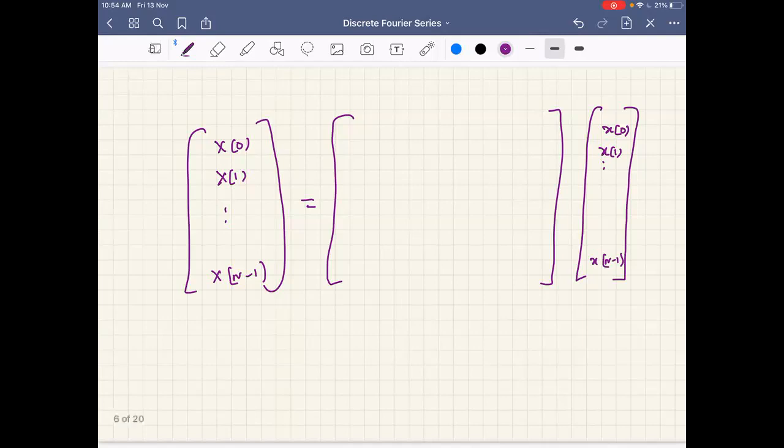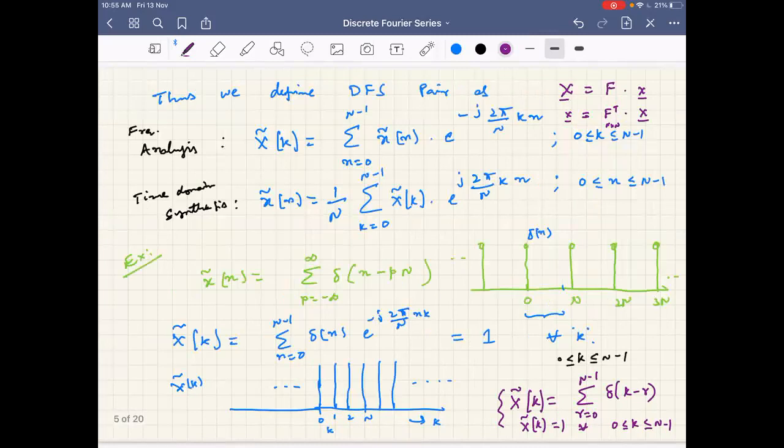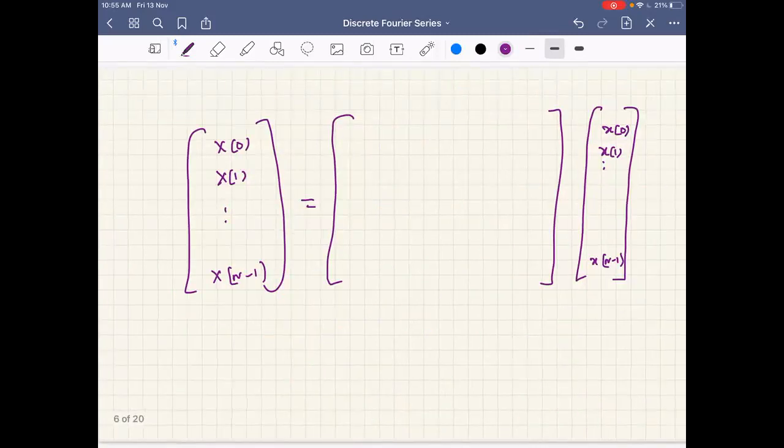And here what will be there? Complex exponentials, e to the 2 pi by n, 0 0 will be here. If I define W_N is equal to e to the minus j 2 pi by N, then what will I have here? W_N 0 0, W_N 0 1, because 0 I have to get.